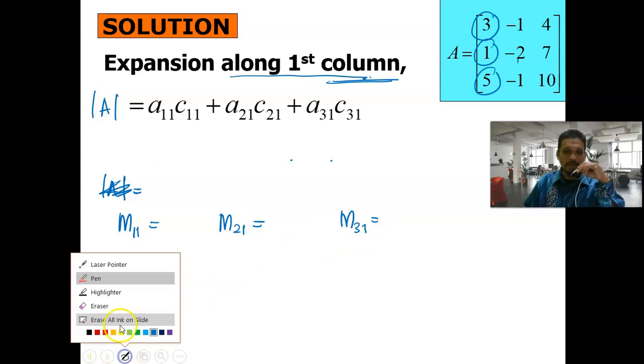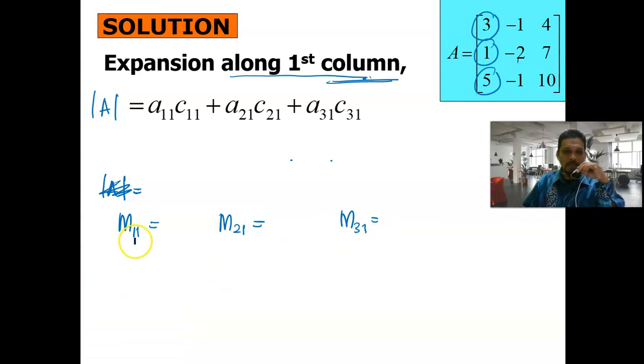So first, for M11, we delete the first row and the first column. Okay, because we are dealing with the first column here, meaning column 1 here and here and here remain. So what changes after this is we're going to delete row number 1, then next is row number 2, then next is row number 3.